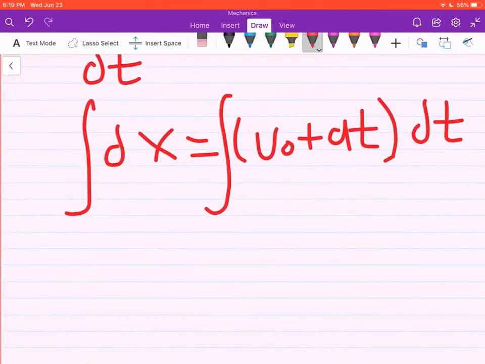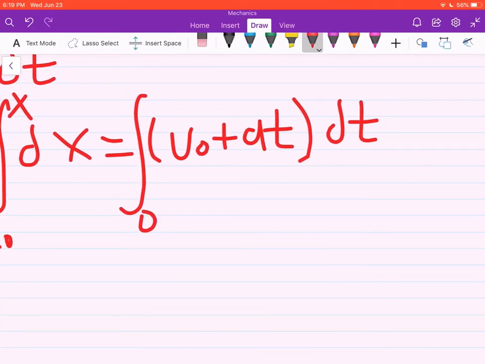And for our x, we integrate from x0 to some x, where x0 is the initial position, and for t, once again, we go from 0 to t.